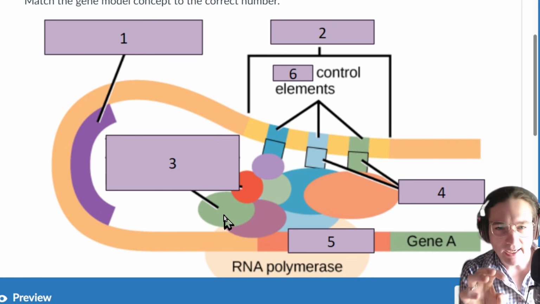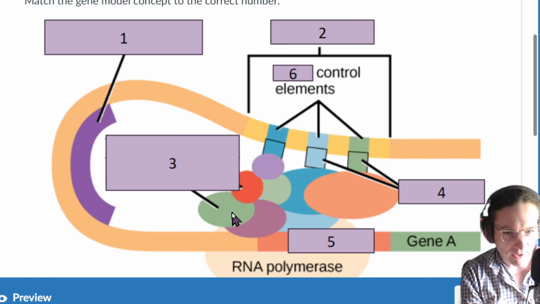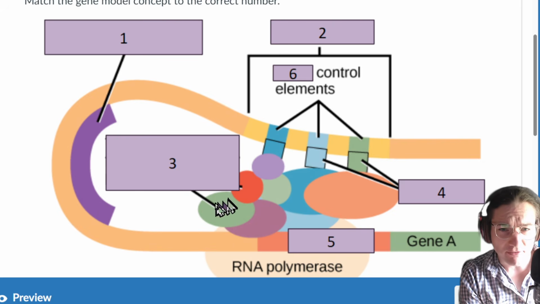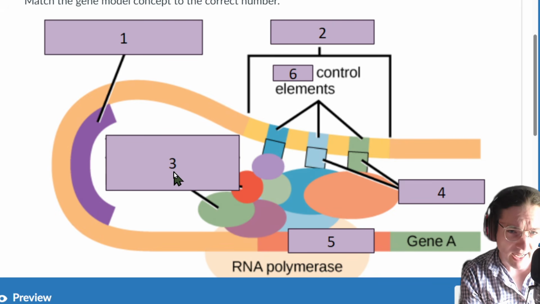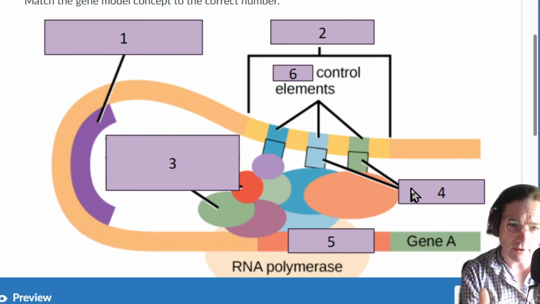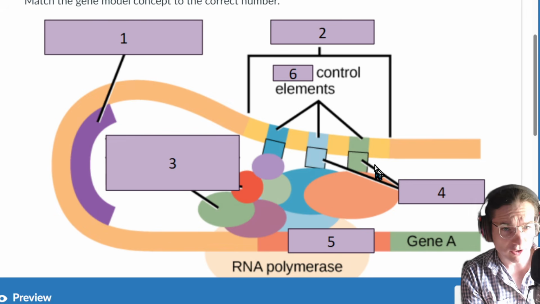Number 3, it could have been probably a few different things: transcription factors, mediators, probably some other things I'm not thinking of, but it's going to be something along those lines. And then in comparison, 4 is going to be something that specifically interacts with the enhancer region. So again, there's some different things like you could have told me here.